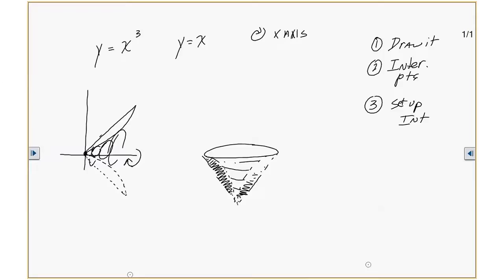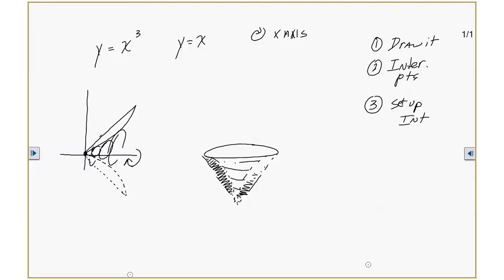All right, so we got to set it up, and you set it up using your handy dandy handout right there, which would be the outside radius minus the inside radius, because this is a washer. It's not a disc or shell. Volume around the x-axis, so it'd be that second one, washer.